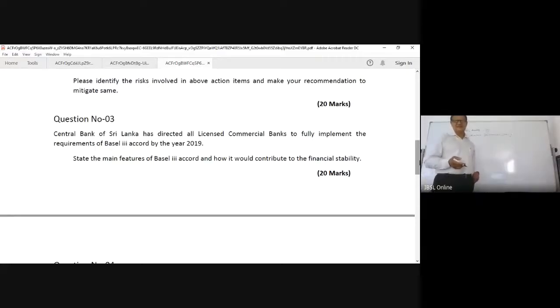So Basel 2 had the second pillar. And the second pillar, you remember I was speaking about ICAAP. ICAAP is for the bank to determine what is not covered under Basel 2's first pillar, which is operational risk, market risk, and credit risk, like liquidity risk, reputation risk, legal risk, your corporate governance issues.